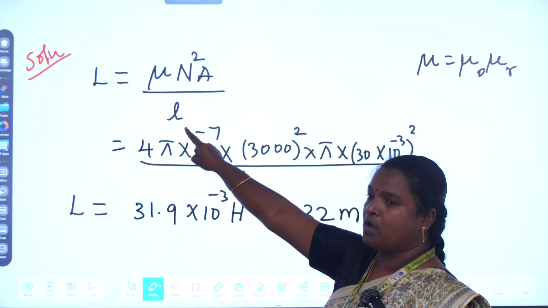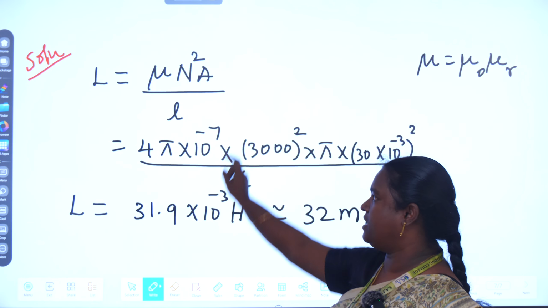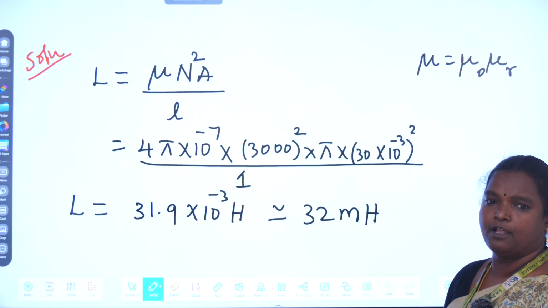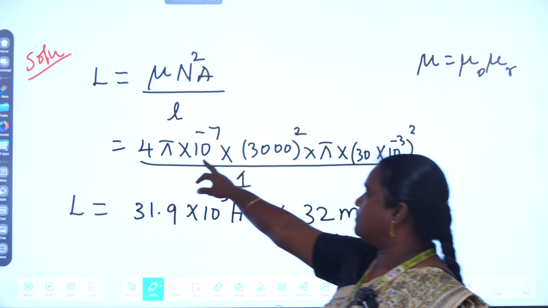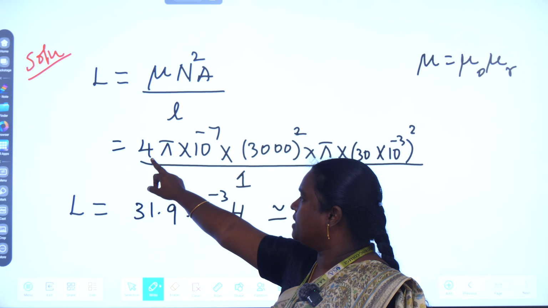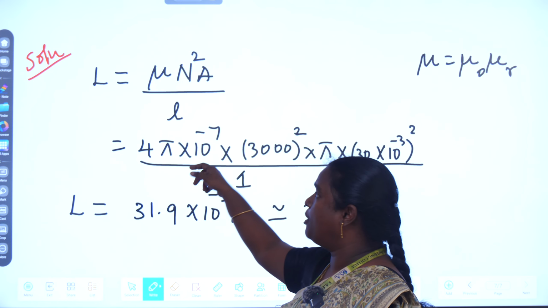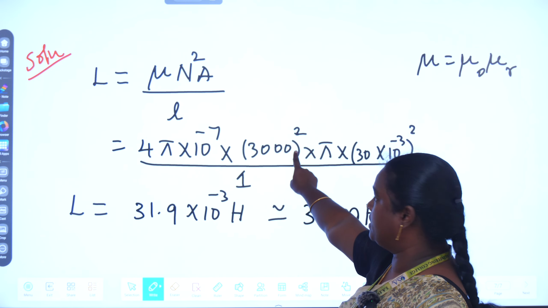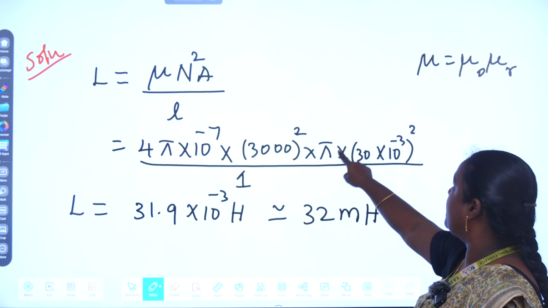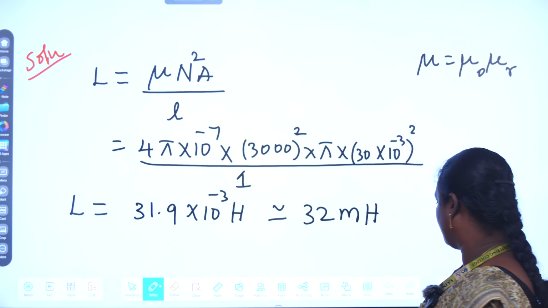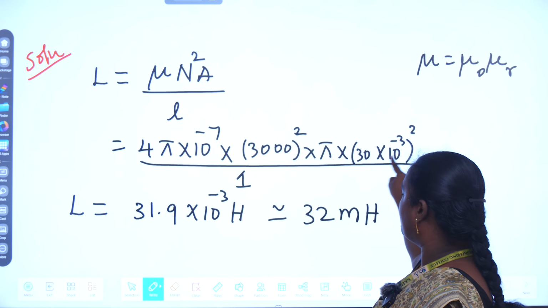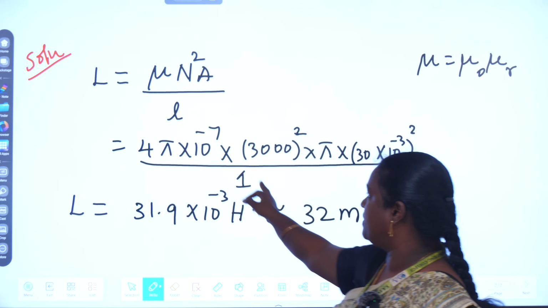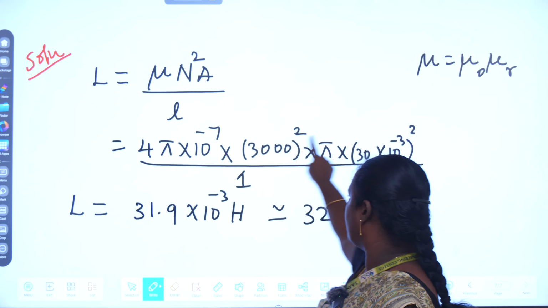The inductance of the solenoid L is nothing but μN²A divided by l. So μ is nothing but the permeability of the material, μ0 into μr, where μ0 is 4π into 10⁻⁷, μr is 1, into N given in the question 3000, so 3000² into area, the formula for area is πr², so π into r², r is given in the question 30 into 10⁻³ the whole square, divided by l, which is 1.